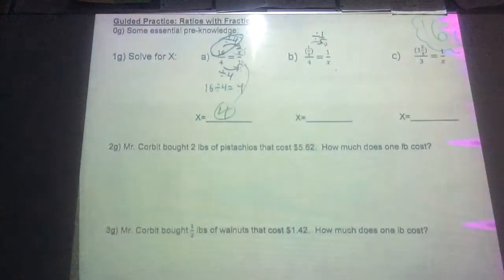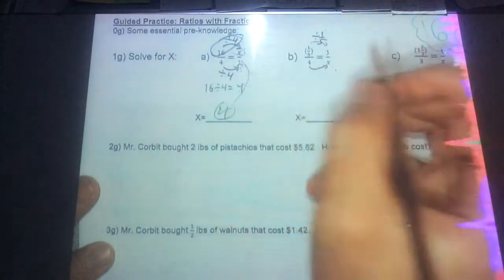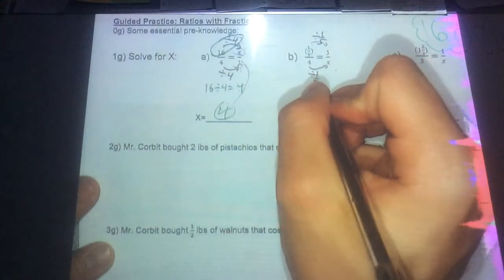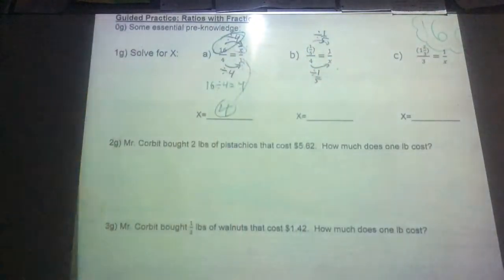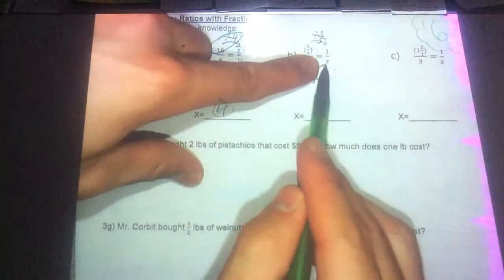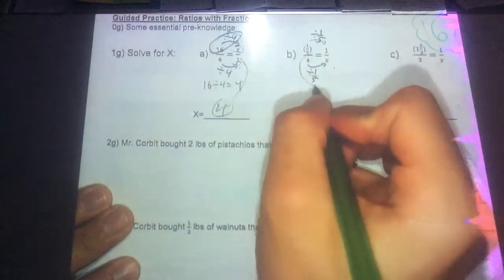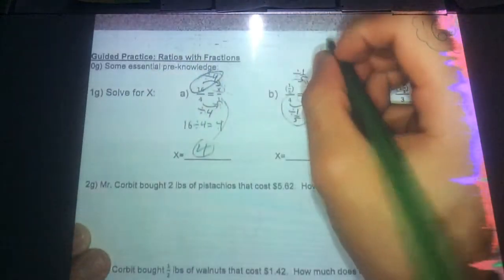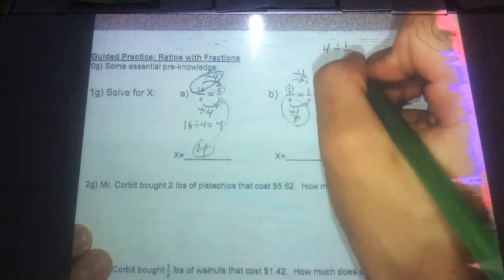Any number divided by itself is going to give me 1. So if I'm dividing the numerator by 1/5, I'm also going to be dividing the denominator by 1/5. Okay, so the key operation to get to x, which is here in the denominator, is to divide this right here. So I'm going to do it up here. We have 4 divided by 1 over 5.